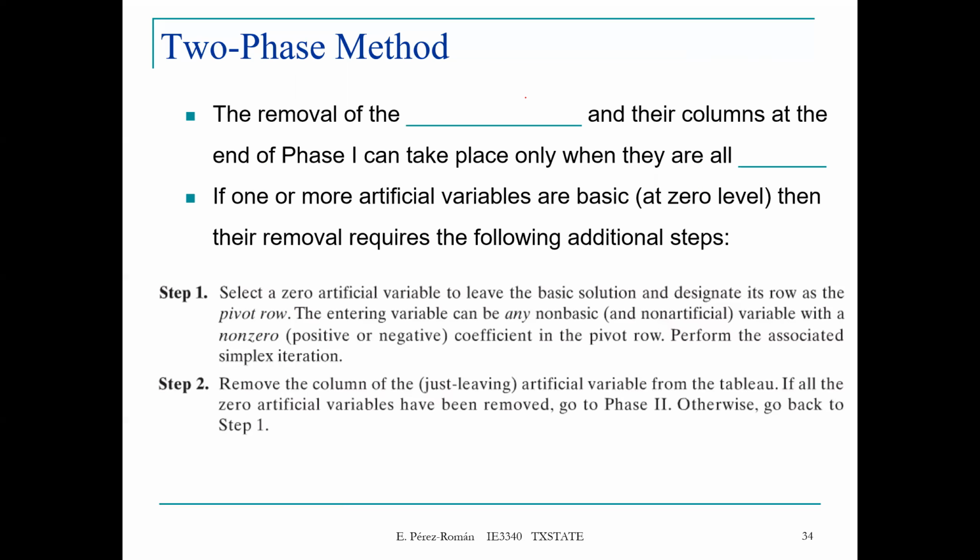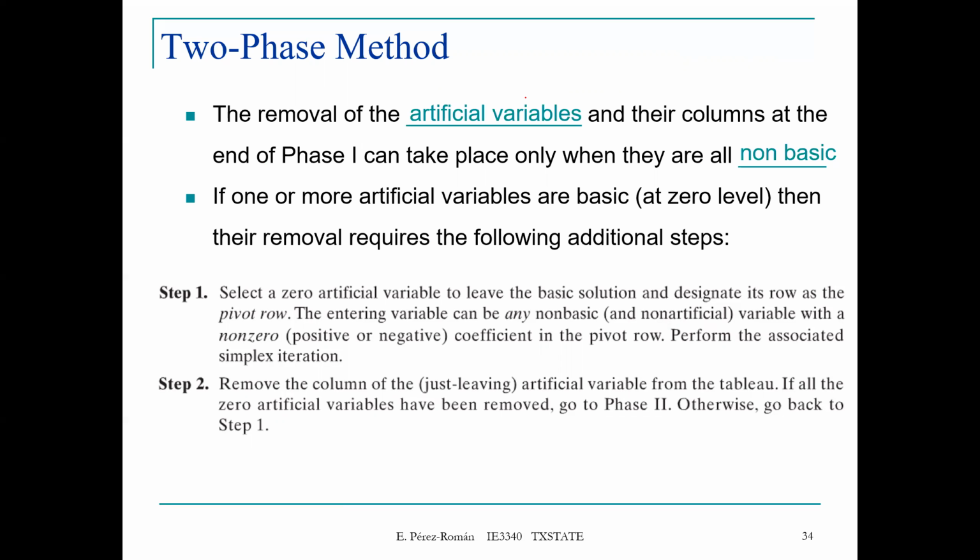The removal of the artificial variables and their columns at the end of phase 1 can take place only when they are all non-basic, which is what we observe in the example. If one or more artificial variables are basic at 0 level, then the removal requires the following additional steps. Step 1: select a 0 artificial variable to leave the basic solution and designate its row as a pivot row.